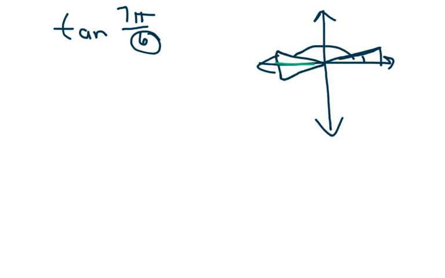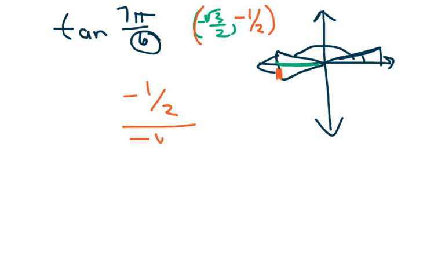I know my longest length is going to be root 3 over 2. In this case, that's negative root 3 over 2. And my shorter length is the 1/2, but it's negative because we're in quadrant 3. And you're dividing y by x.